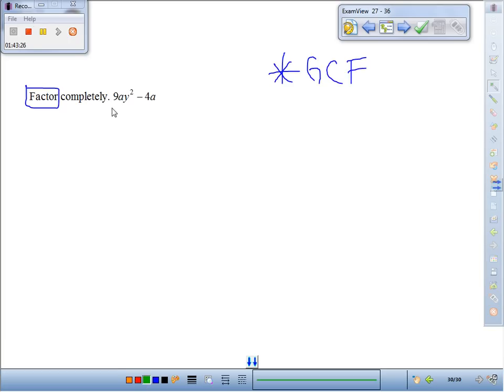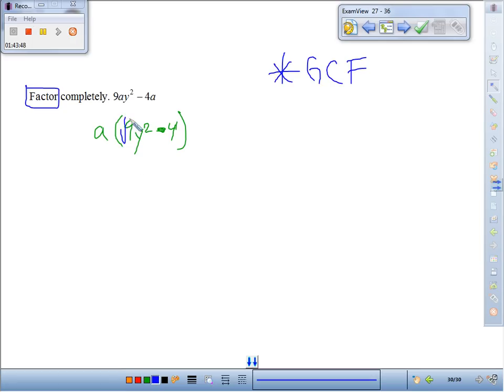So let's see. What's our greatest common factor between here and here? A, and we're left with 9y squared minus 4. Everybody look up, please. What does this look like? It's a difference. Is it a binomial? Yes, let's see if it's a difference of squares.